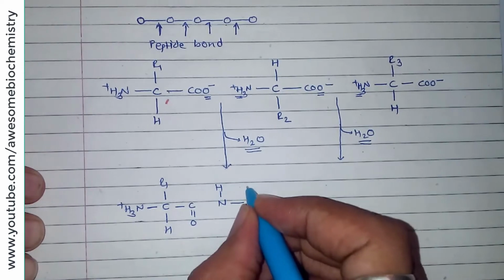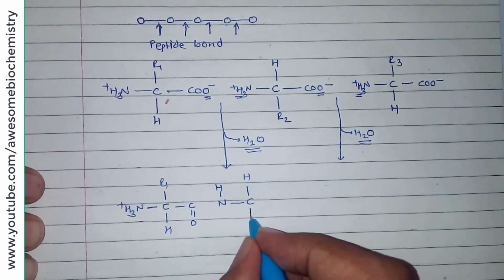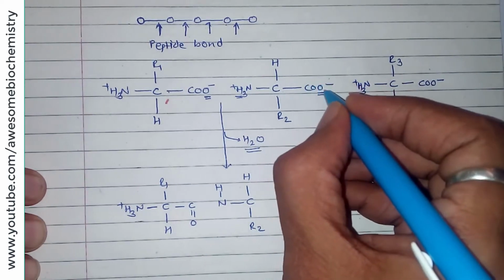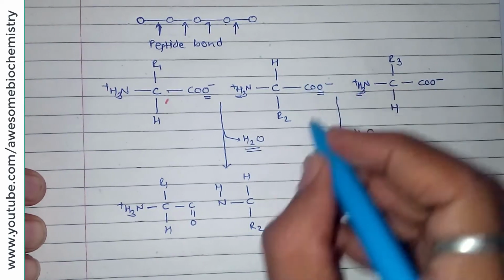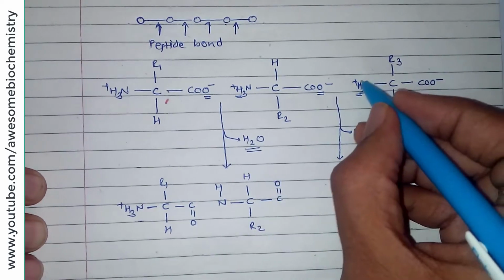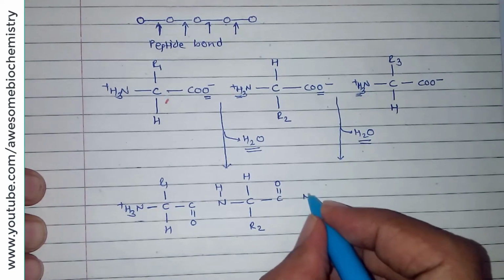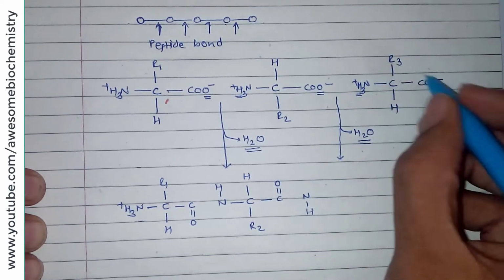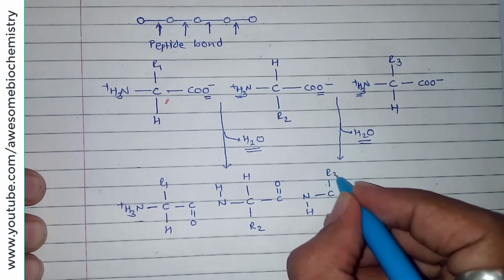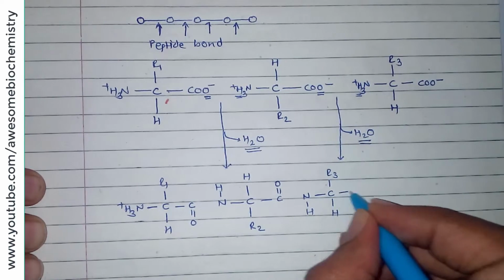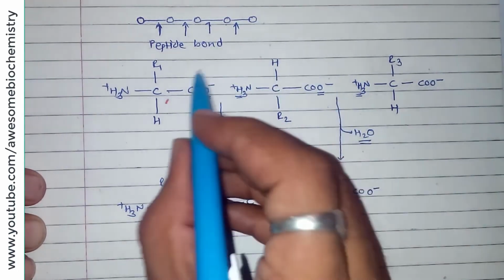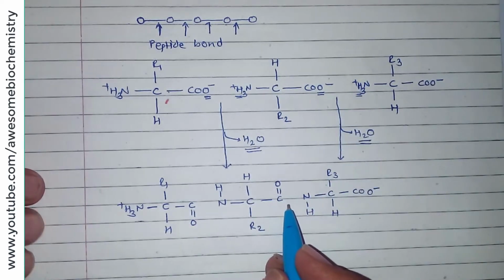The rest of the structure, this hydrogen will remain unchanged, this side chain R2 will remain unchanged, but from this carboxyl group, one oxygen is lost. So, now here again there will be only one oxygen, and from this amino group only one hydrogen will be there. So, NH will be there and the rest of the structure will be unaltered. So, C, this is R3, this is H and this is COO minus. Here as an example I have only shown you a 3 amino acid peptide chain, right.